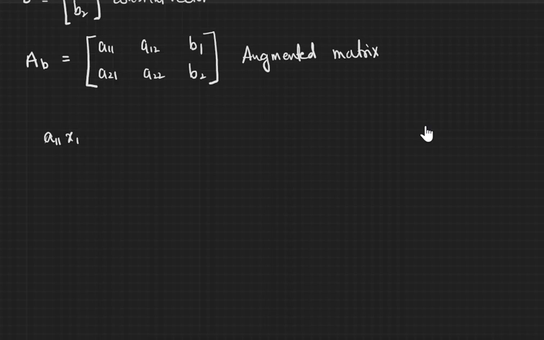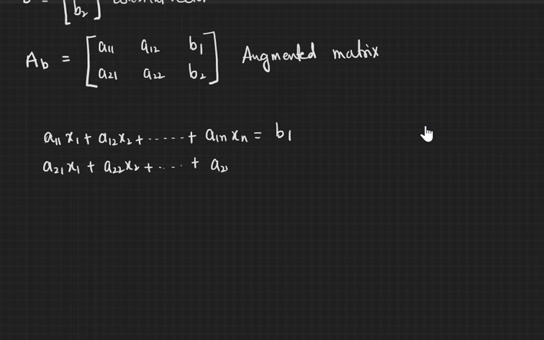A11 x1 plus A12 x2 plus up to the term A1n xn is equal to B1, A21 x1 plus A22 x2 plus up to A2n xn is equal to B2.